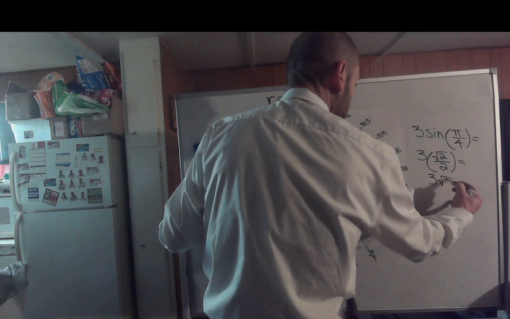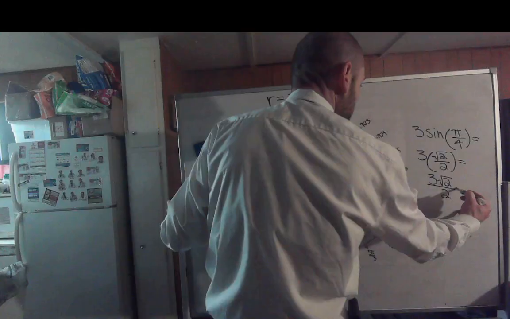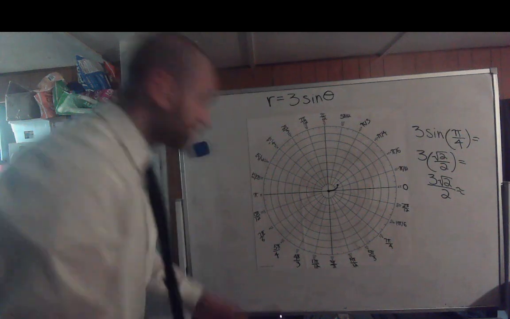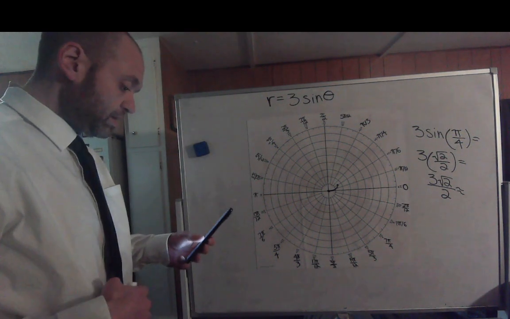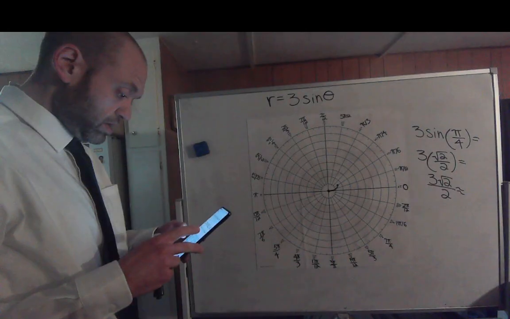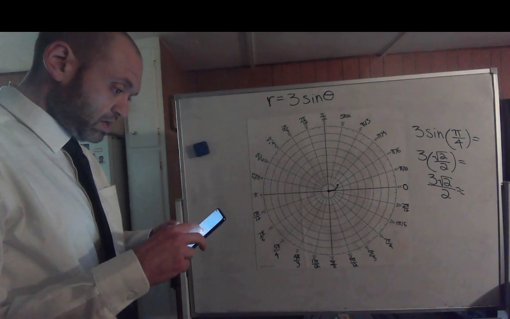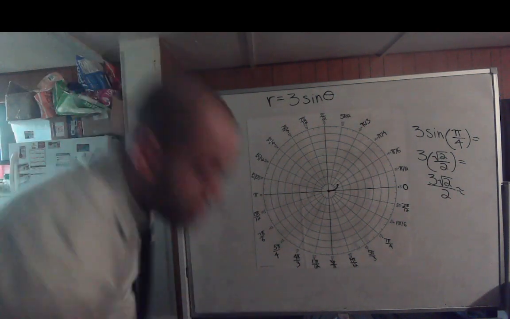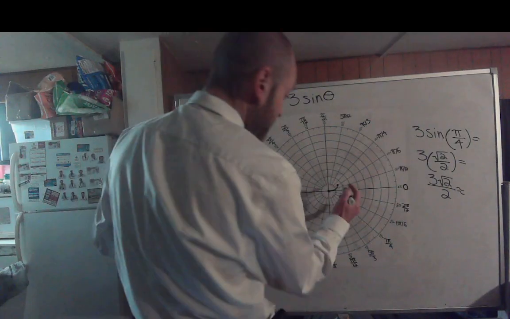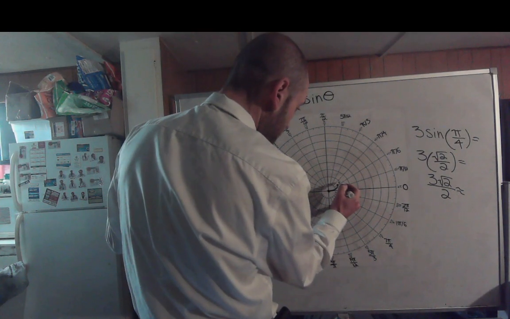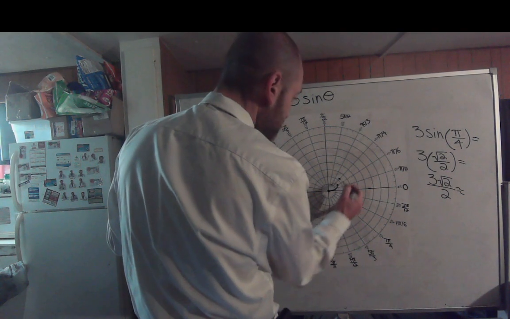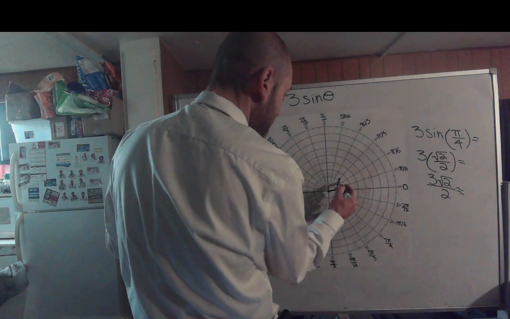Let's see what we get for a decimal approximation. You get about 2.12. So at pi over 4, you'll be up here at about 2.12. So let's go ahead and continue connecting.